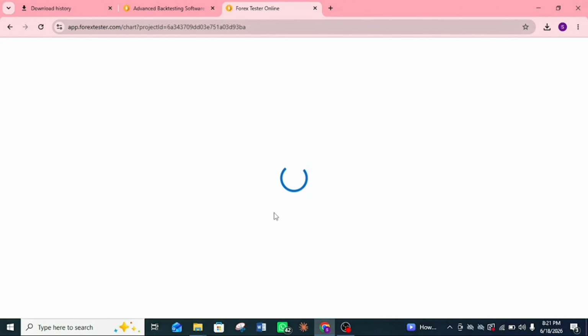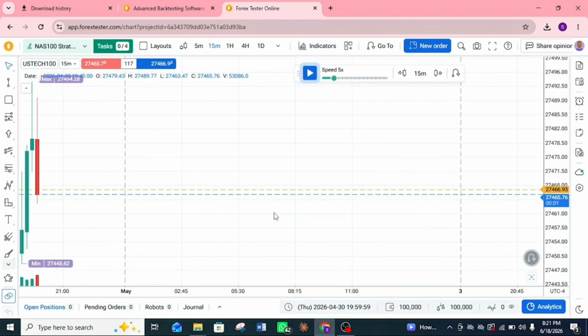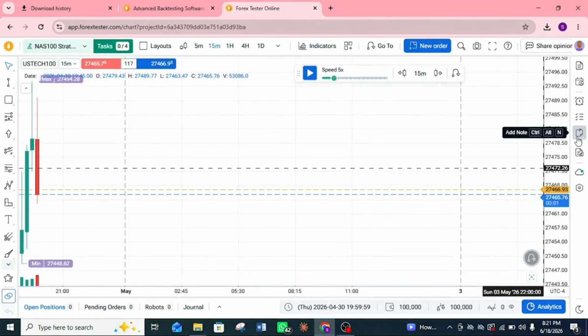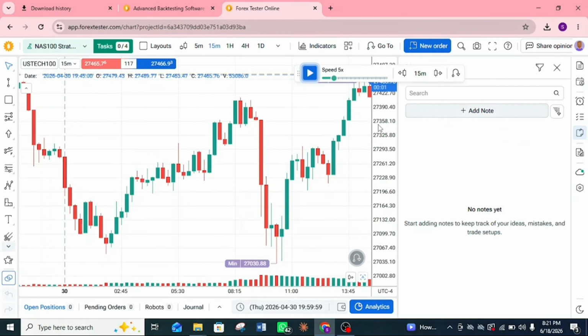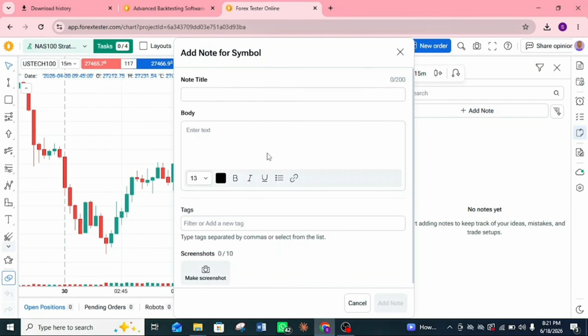So the strategy I'll be using is quite simple. We identify the daily bias on the daily and the H4. Let me just use the notes to dictate what I look for. So on the daily, we look for daily bias.